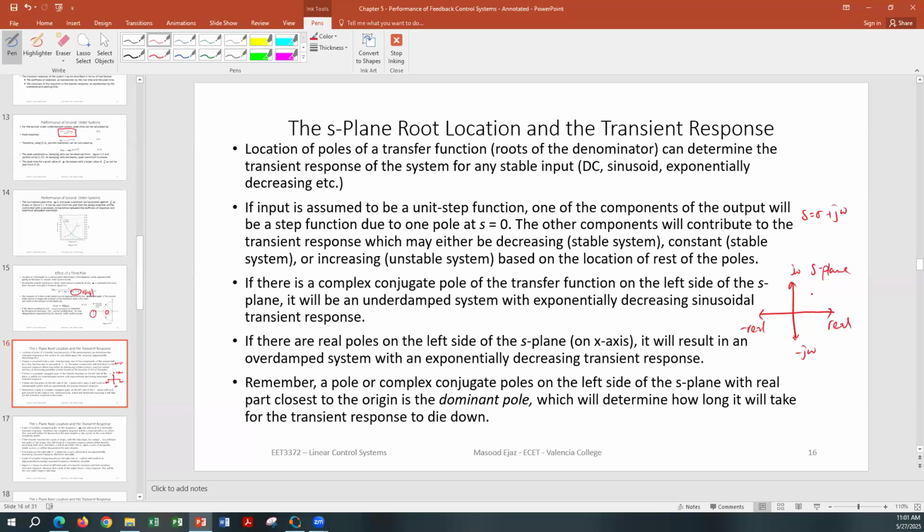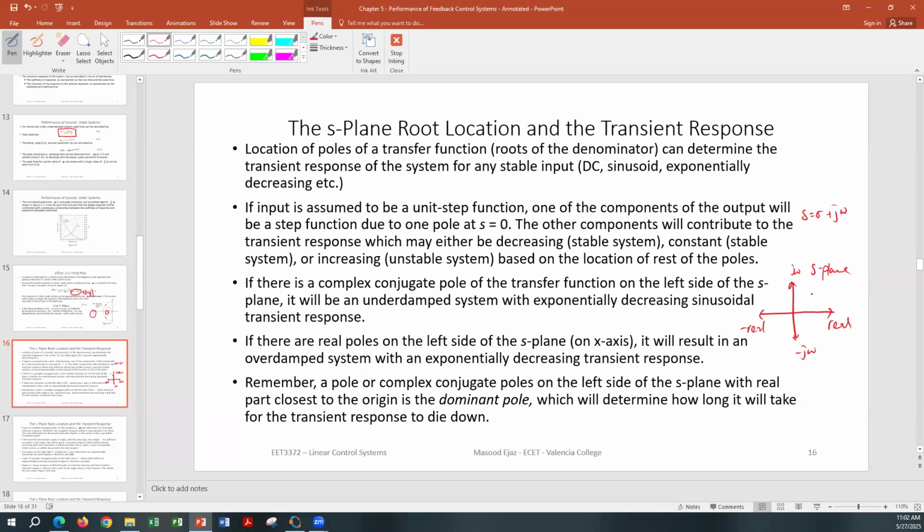That is, if the response is going to be an overdamped response or underdamped response, how fast the oscillations are going to be, how fast it is going to go down through the exponential function, or if it is an unstable response, if its output is going up instead of coming down.